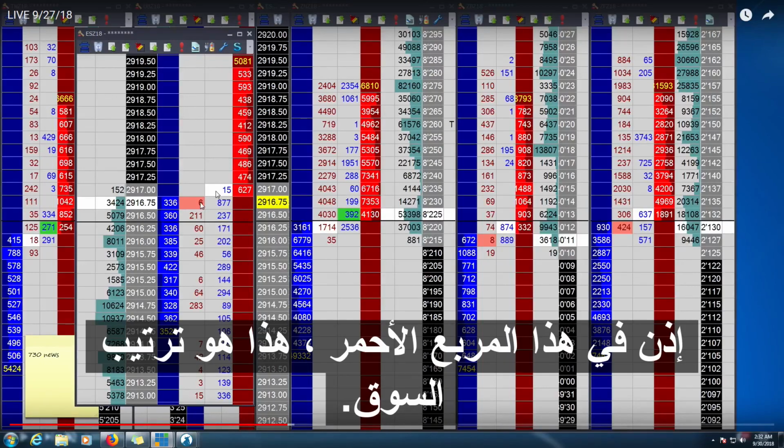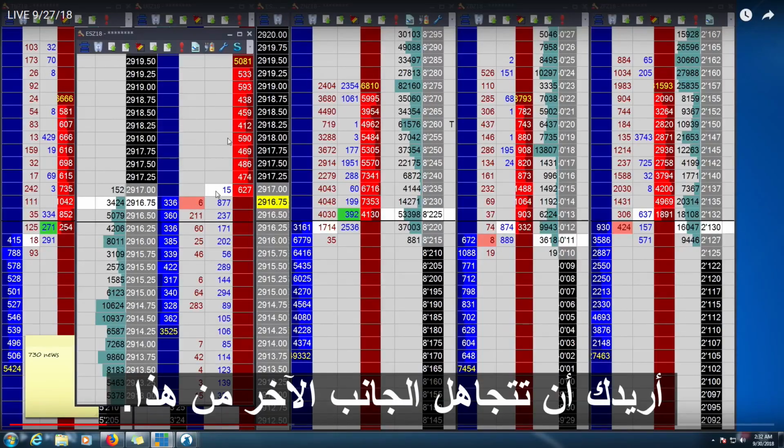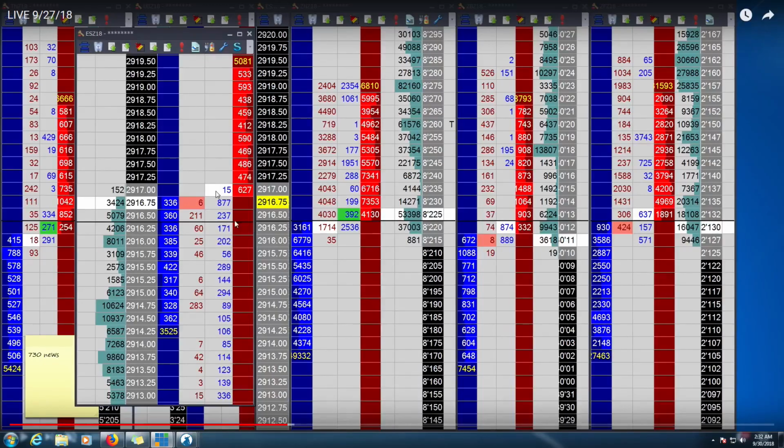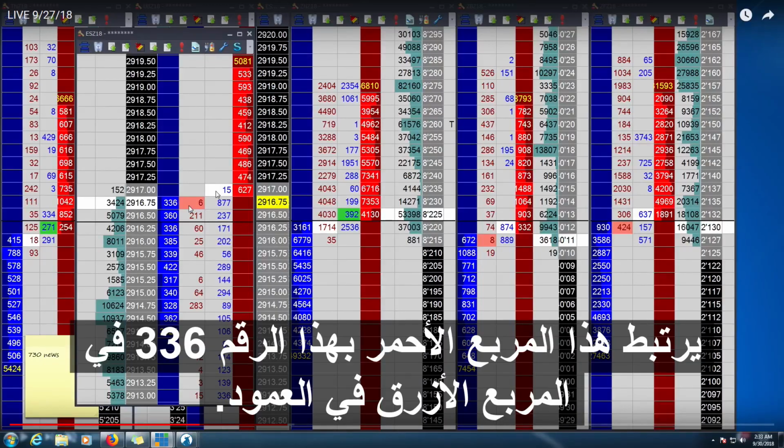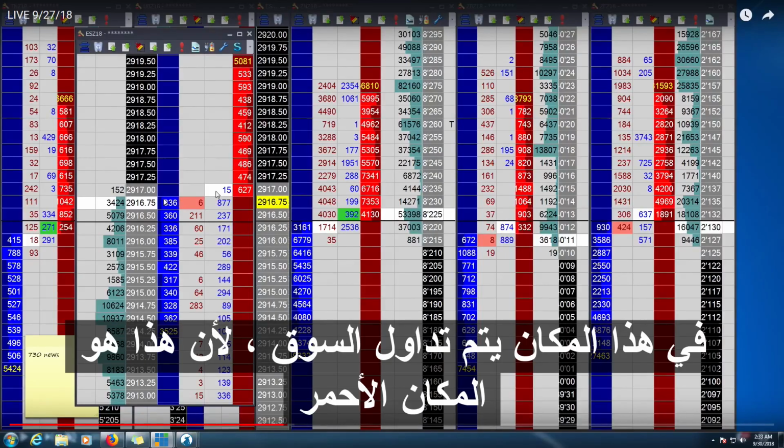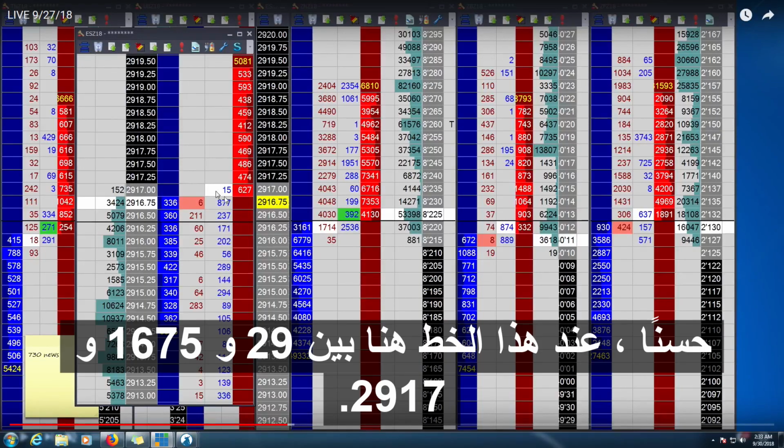So in this red box, this is the market order. I want you to ignore the other side of this. This red box correlates with this 336 in the blue column. And this is where the market is trading, because this is where red clashes with blue, at this line right here, between 29.1675 and 29.17 even.